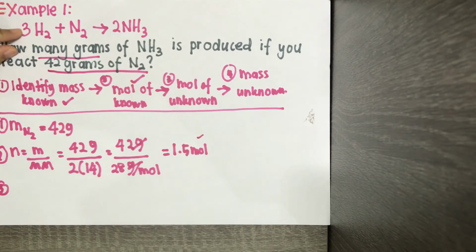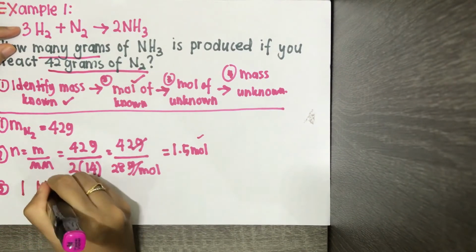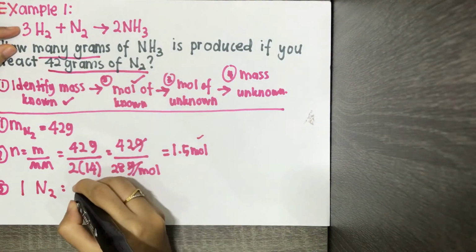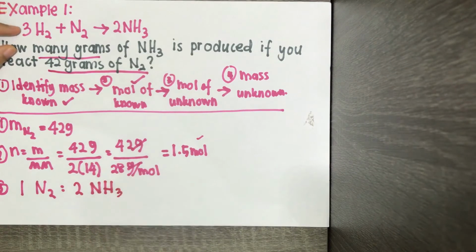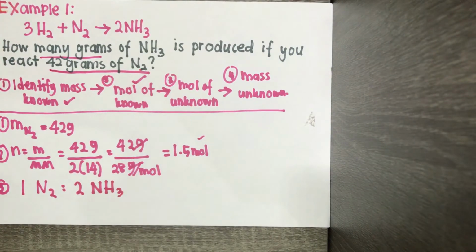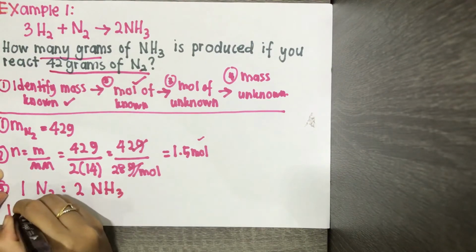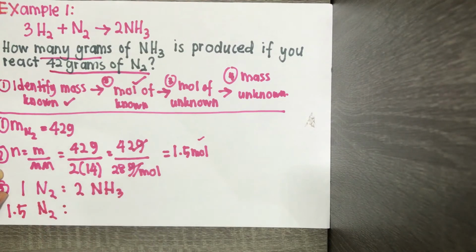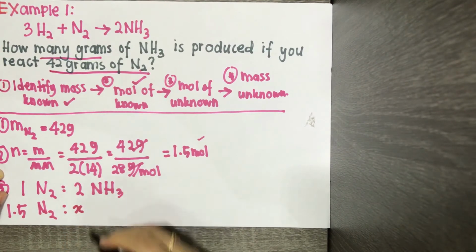First, from the equation, we know that 1 mole of N2 is in ratio with 2 mole of NH3. So from step 2, we know that N2 is 1.5 mole. So now we would like to find the mole for NH3, so we denote that as X.